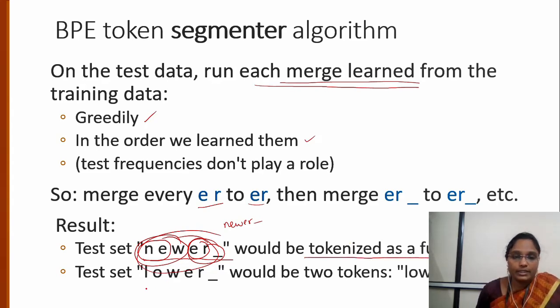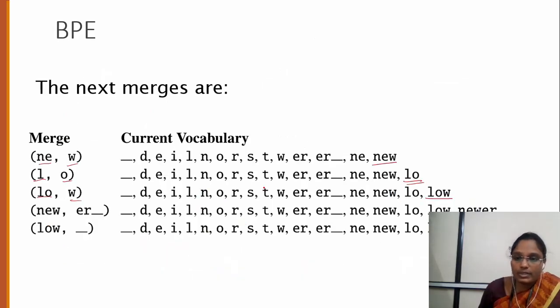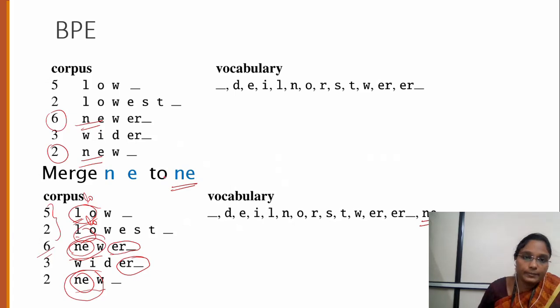But if we give a word lower underscore in the test set, what happens is, in our vocabulary there is no word called lower, because in our given list of corpus in the training data, we don't have any word lower.